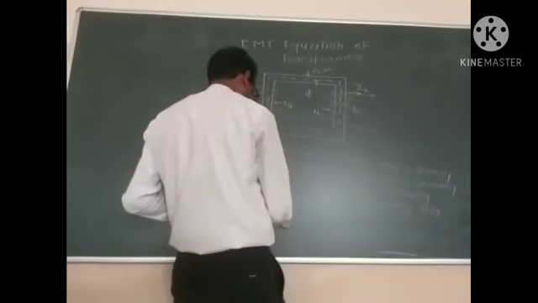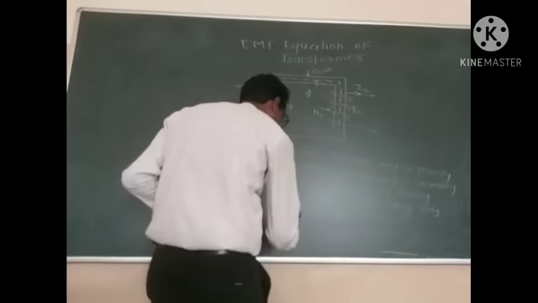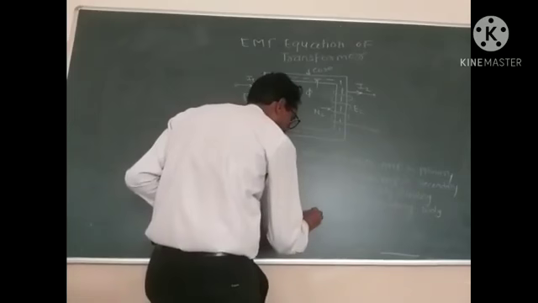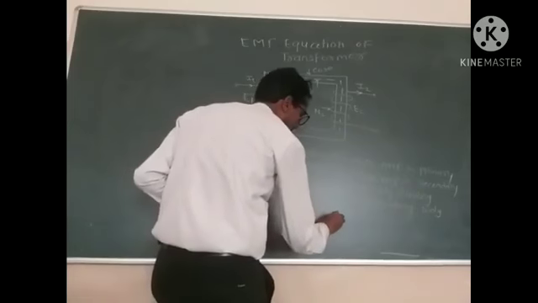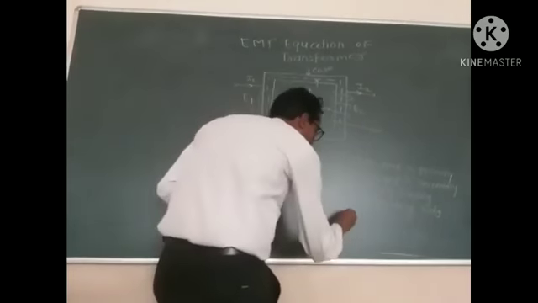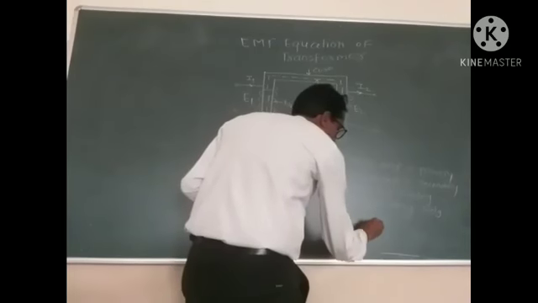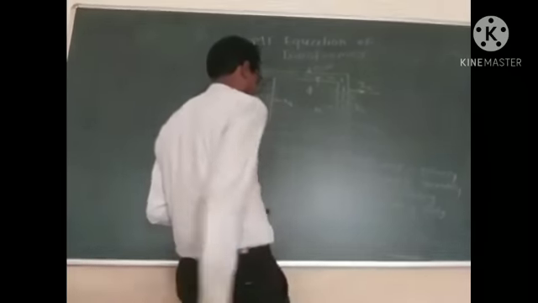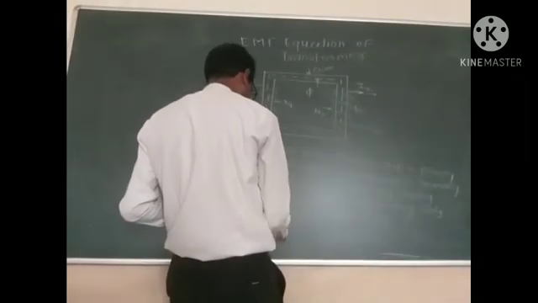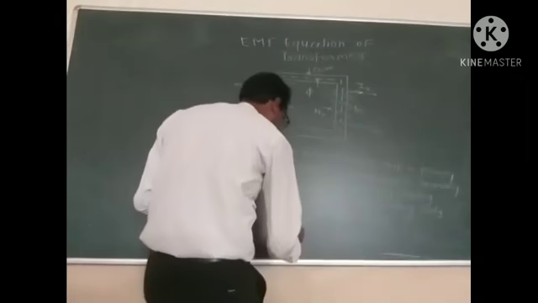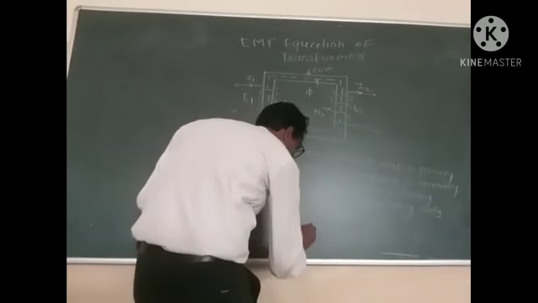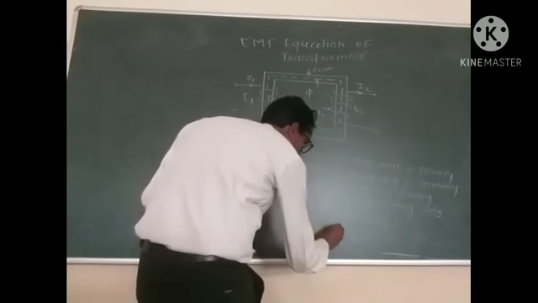After that, f is equal to the frequency of the alternating quantity in hertz. Okay, next, phi is the flux in Weber.